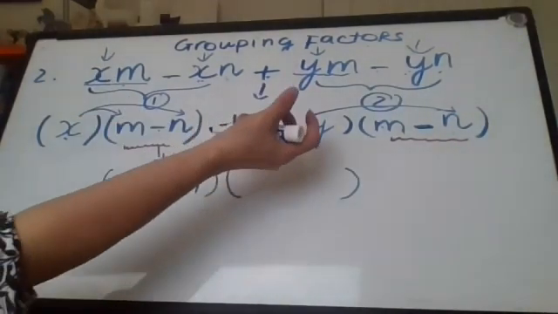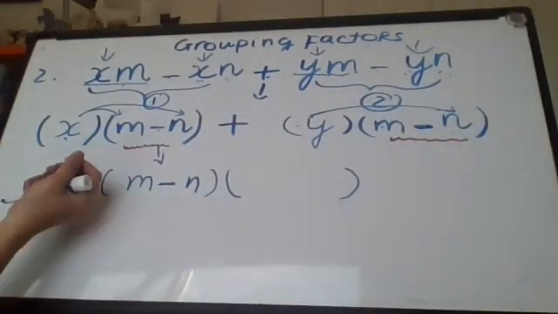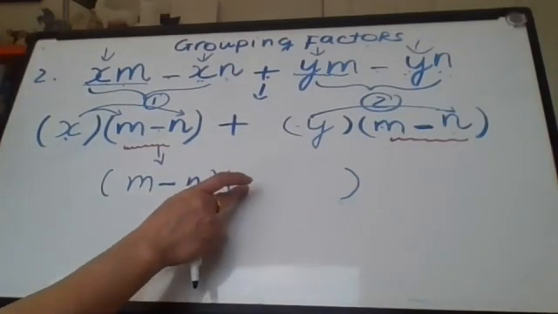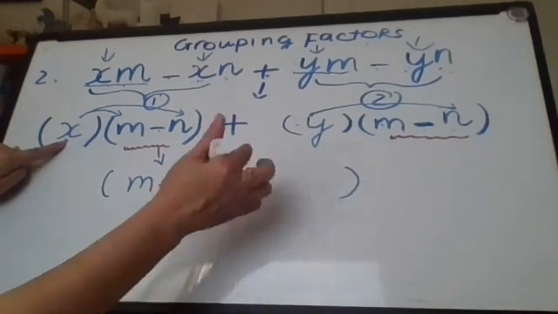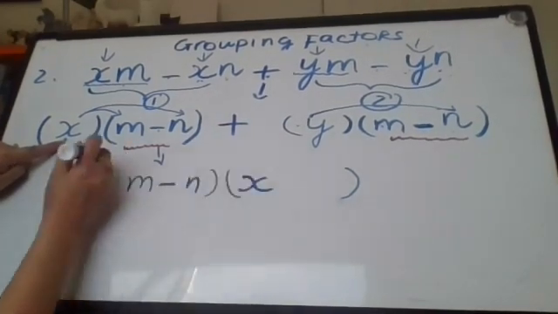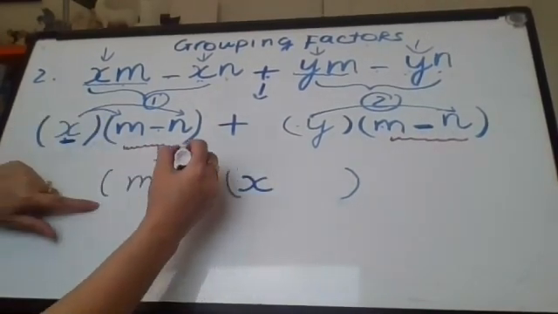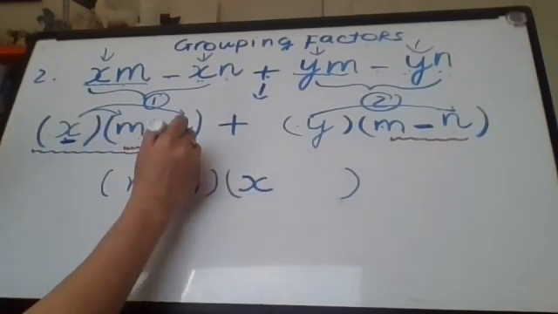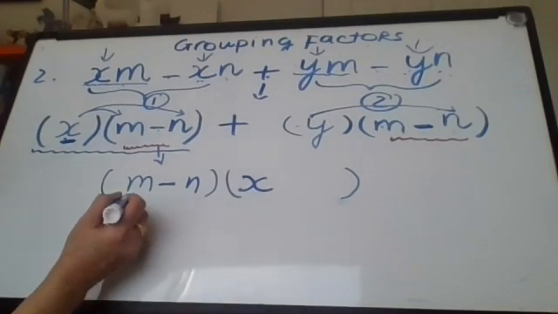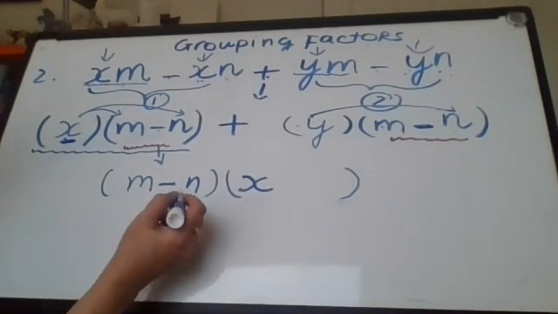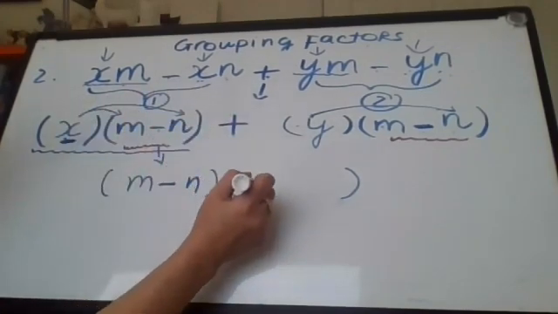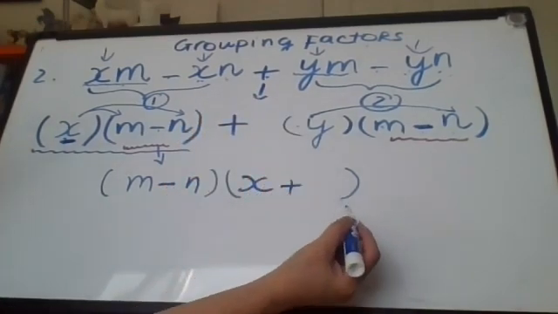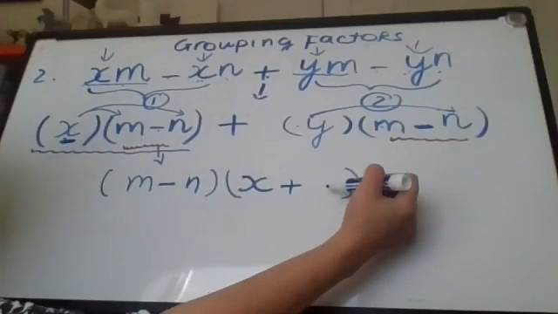So M minus N can be pulled out as a common factor and put in the first bracket. What goes in the second bracket? Of course, X, right? Left over from here. When we combine these two brackets, we get back X times M minus N, exactly. So that's how we do it. Now, put down the plus sign. What goes in here?